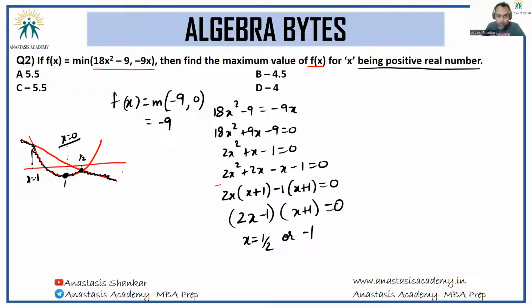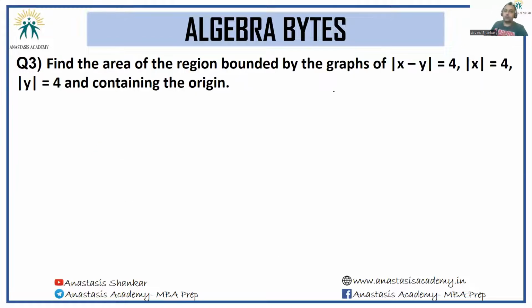For x equal to half, it would be how much? 18x squared, so 18 by 4, 4.5, minus 9 comma minus 4.5, or equal to minus 4.5 itself. Between the two of them, of course, this is greater. So the answer has to be option B.